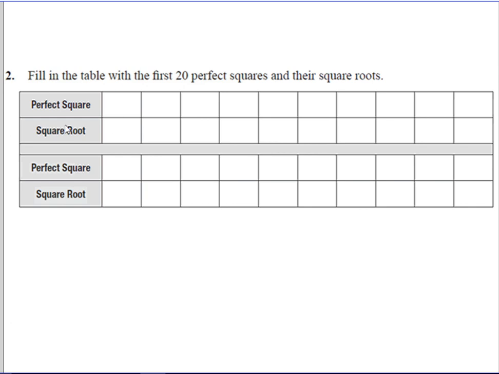So first, let's fill in the column that has the square root because we're looking at the 20 perfect square roots. So the square roots would be 1, 2, 3, 4, 5, and just keep counting up to 20.